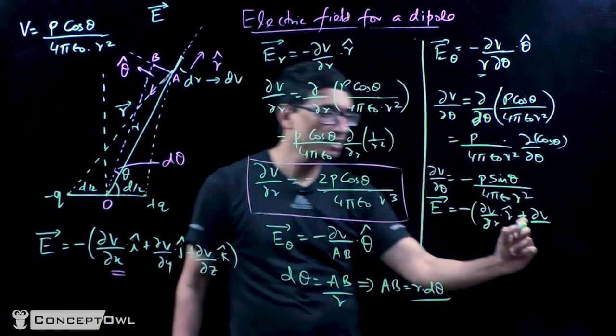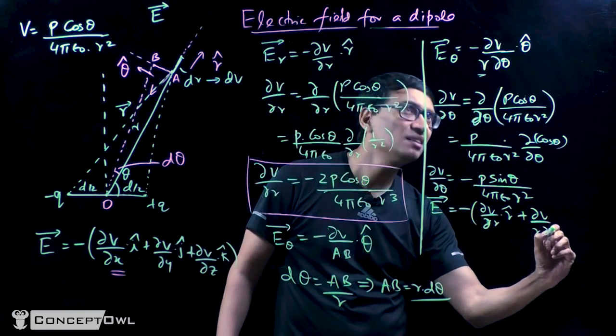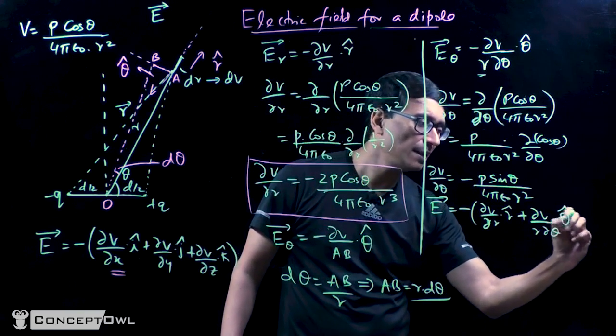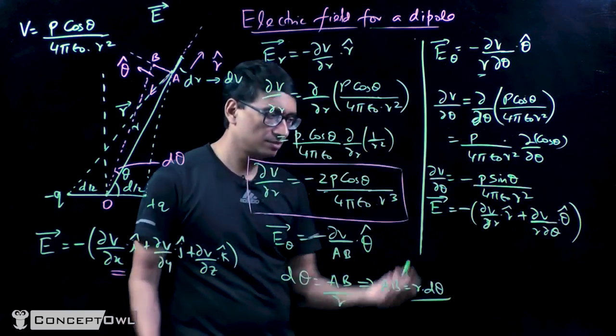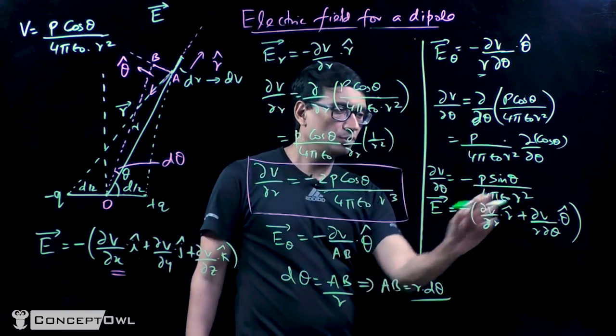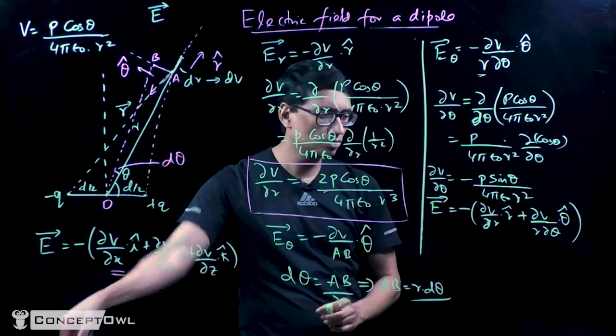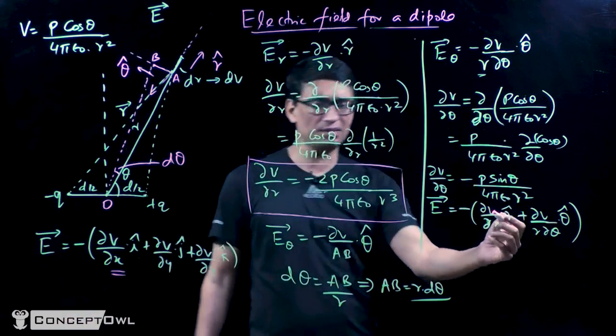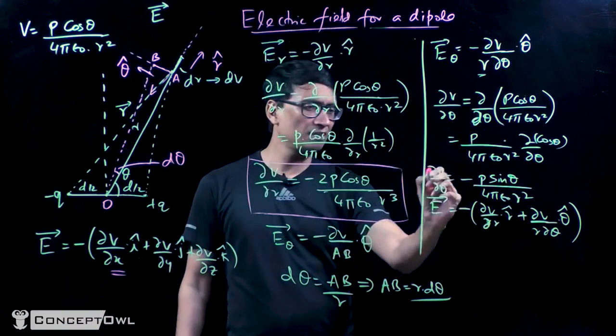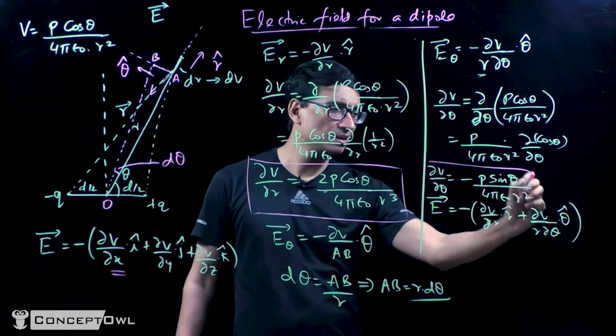Don't forget this r. Del V by r del theta into theta cap, and rest is fairly straightforward. So take these two values. The first variable, del V by del r, is here, and the second variable, del V by del theta, is this one.